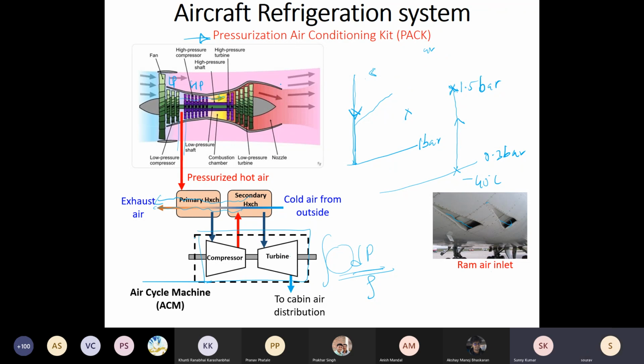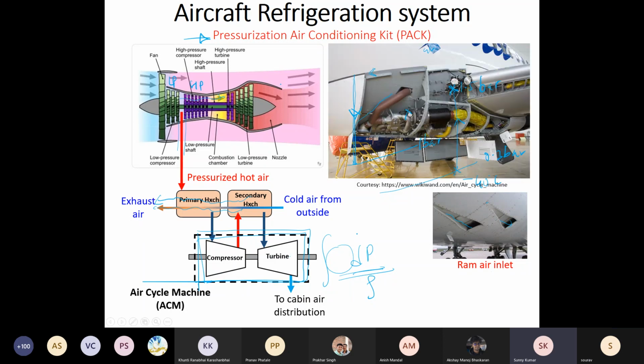So this combined unit is called the air cycle machine, and this is the entire air conditioning kit. So you have two such kits near the wings on both sides. This portion is the air cycle machine.